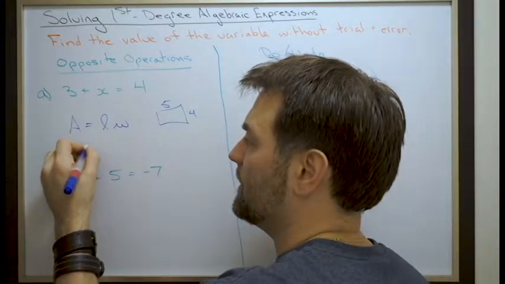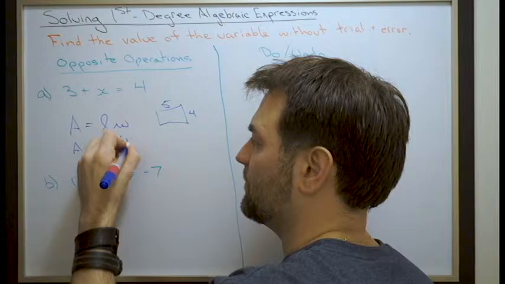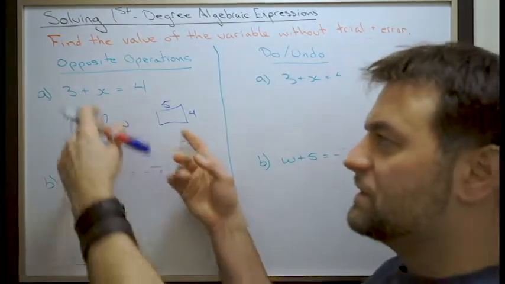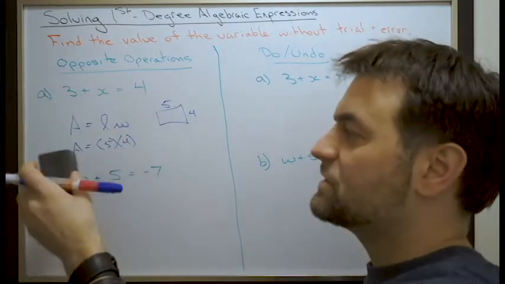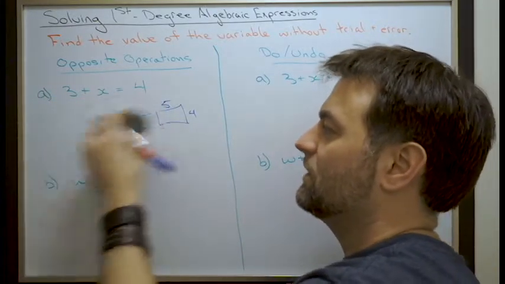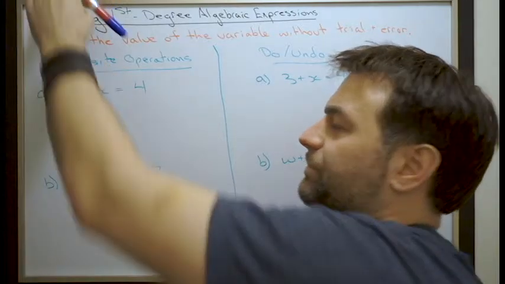Then we did 5 times 4 is A. The difference in these situations is that we get to rearrange the equation to get the x by itself.